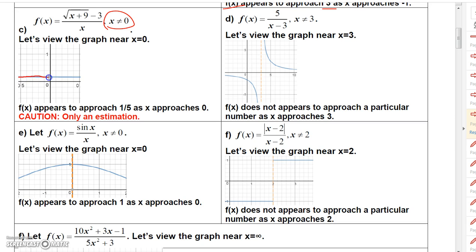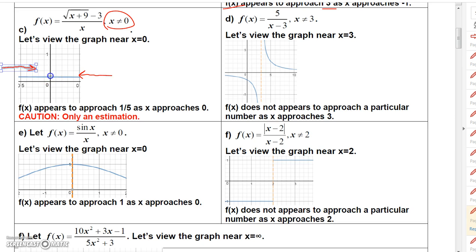If you took a picture of the entire graph, it wouldn't look exactly like this, but I'm just zoomed in on a particular area. Notice that if you approach 0 from the left, it looks like the y value is right here. And if you approach 0 from the right, it looks like the y value is right there.